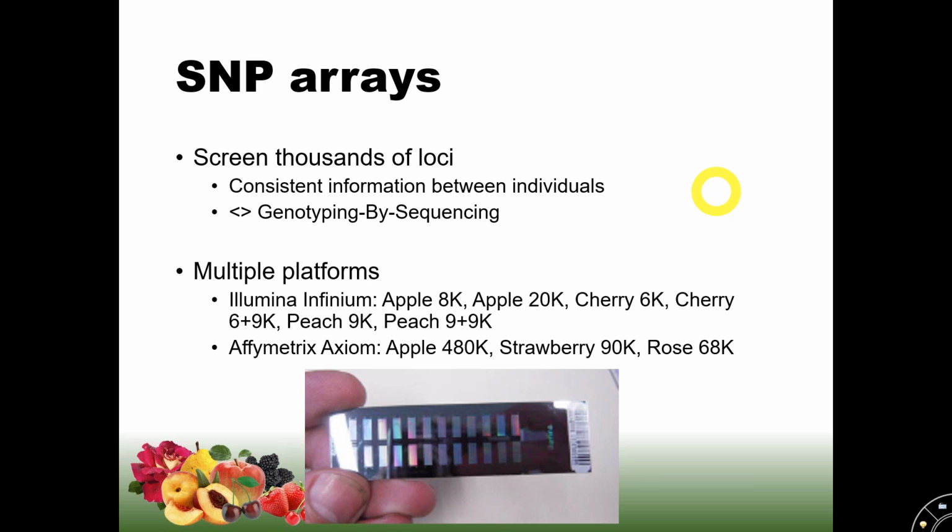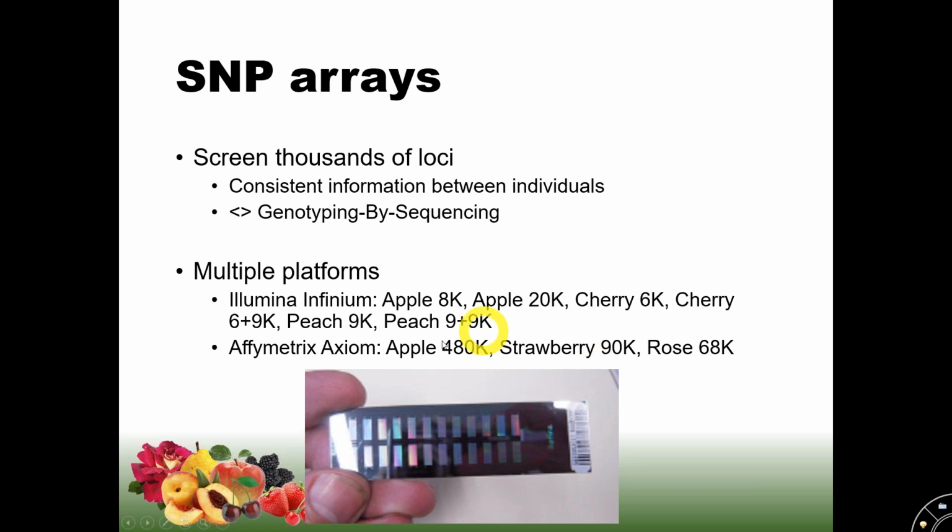They're all on this platform. So the sessions will mostly focus on data from this platform because that's the platform I have data for. But another common platform is the Affymetrix, and so the Apple 480K, as well as the Strawberry and Rose arrays are made on that platform.